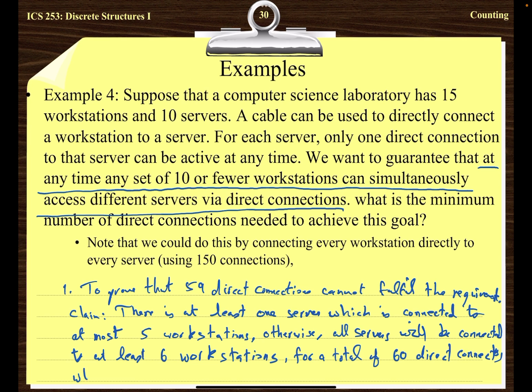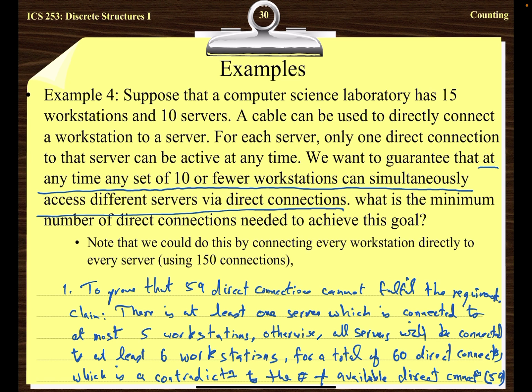which is a contradiction to the number of available direct connections, which is 59, right? This is what we said, we said we have 59 only.